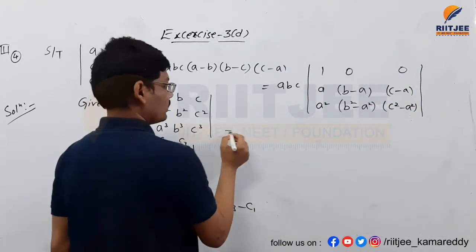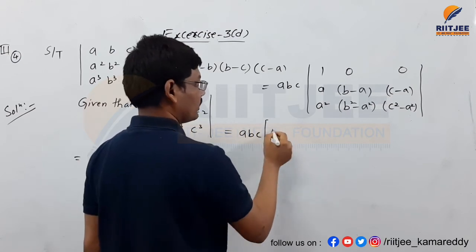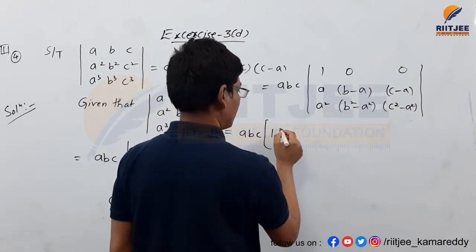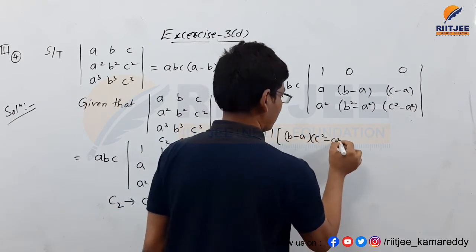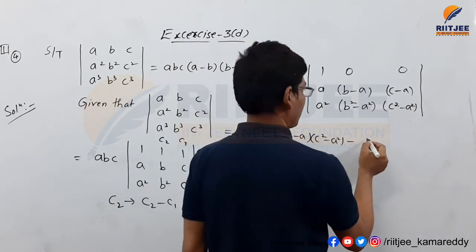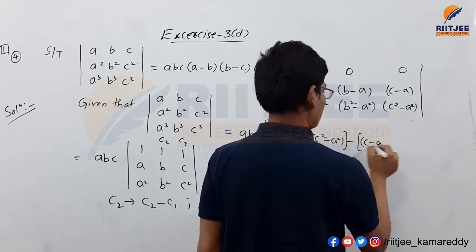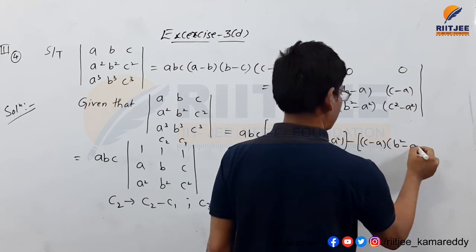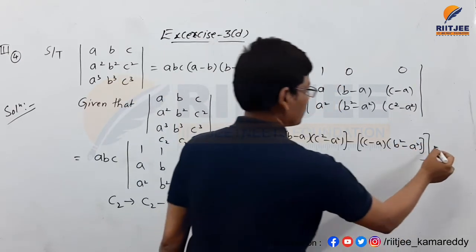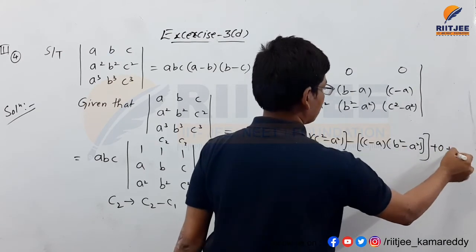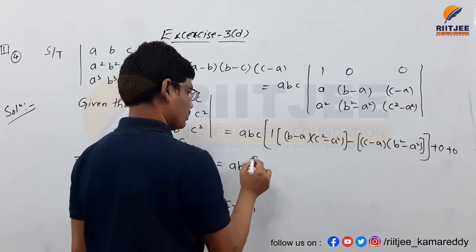Now abc into the determinant: 1 into b minus a into c square minus a square, minus of c minus a into b square minus a square, plus 0 into this term, which becomes 0, and 0 into this term, which becomes 0.